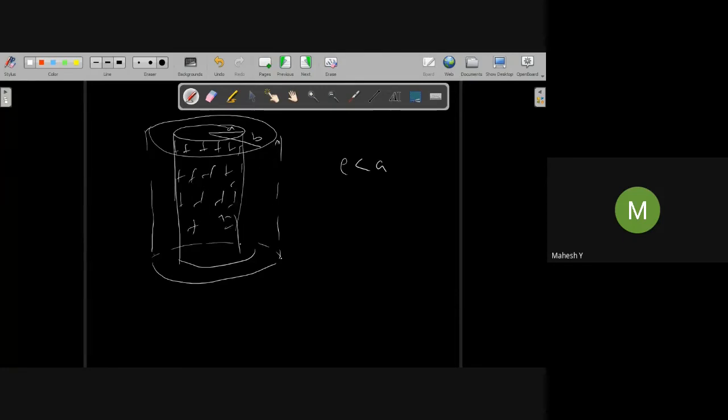This will be plus charge and this will be minus charge. There won't be any charge in the bulk of the conductor. Inside there is no charge.